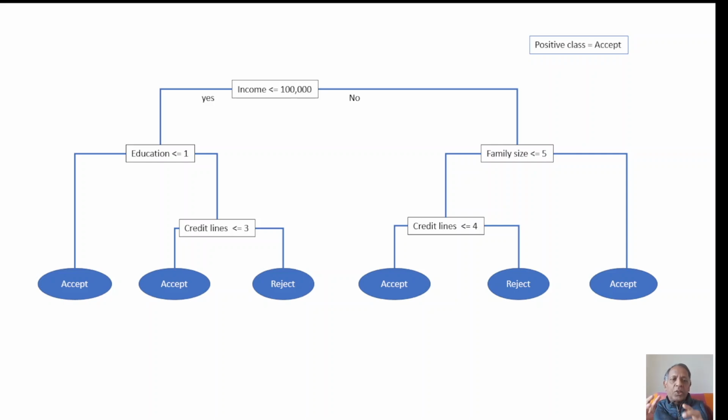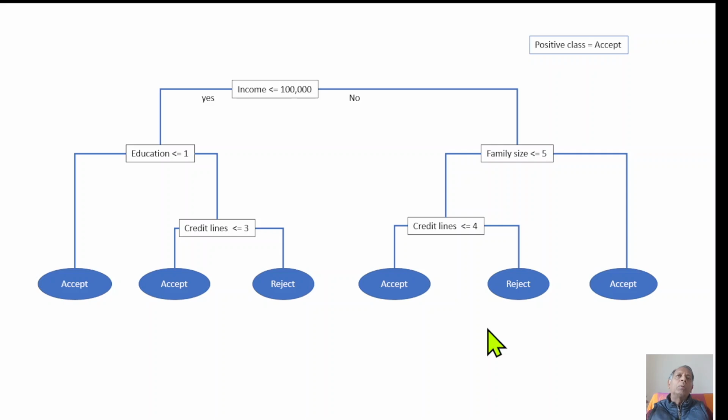Okay, so that's really where we are at now. So let's assume that the computer went ahead, looked at the data, and figured out that this is the best classification tree. We will later on look at the steps by which the computer actually came to this. Okay, so what happens is the tree is now given to us.